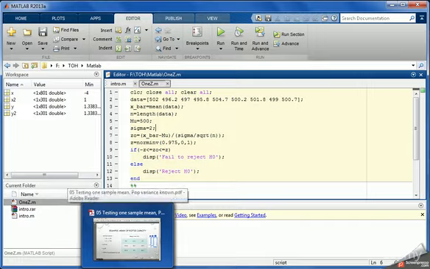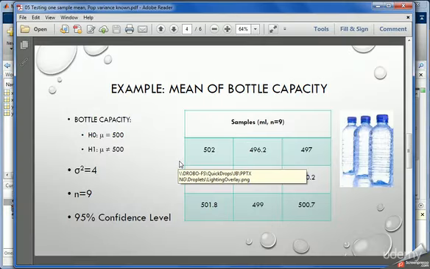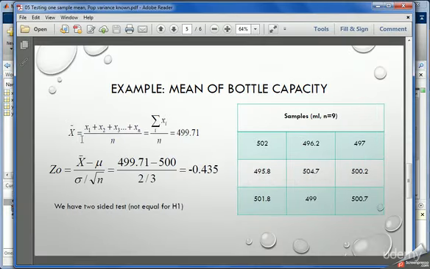Now the first step in solution is to calculate X bar, as we have seen in Matlab, also to calculate the test statistic, which is Z0. We have Z0, which is the difference between X bar and hypothesized mean. We divide by sigma divided by square root of n, which is number of samples.